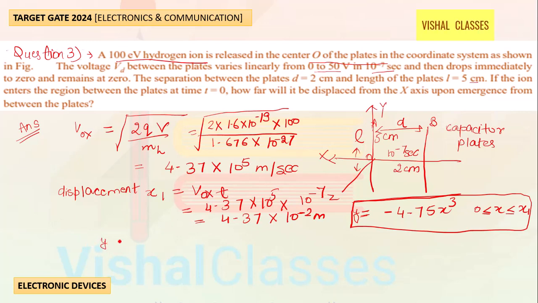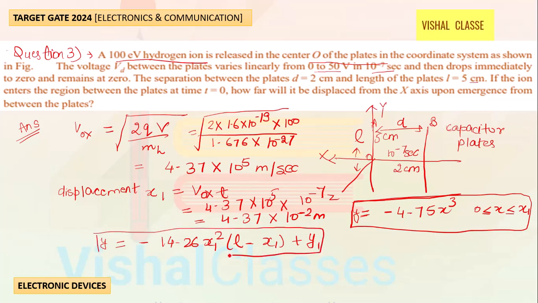Also write one more formula. Displacement in y direction is given by the formula minus 14.26 x1 square (L minus x1) plus y1. This formula you should also write in the formula notebook. Minus 14.26 x1 square (L minus x1) plus y1.